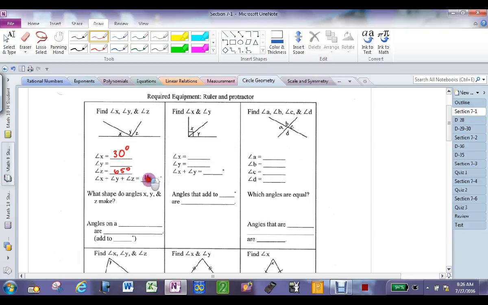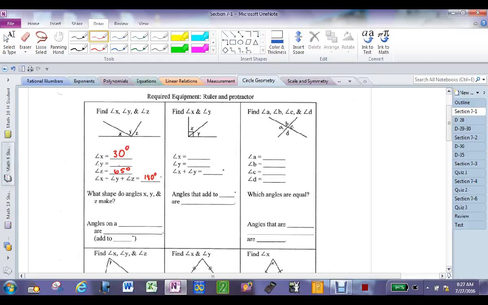You know they have to be 180. So do you now know what Y is? How? How do you know what Y is? Minus 65 and 30 from 180, right?